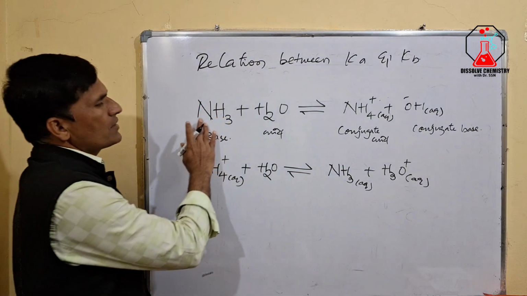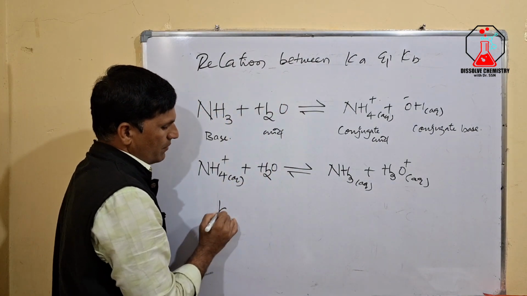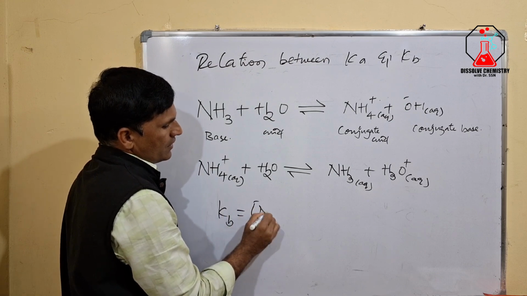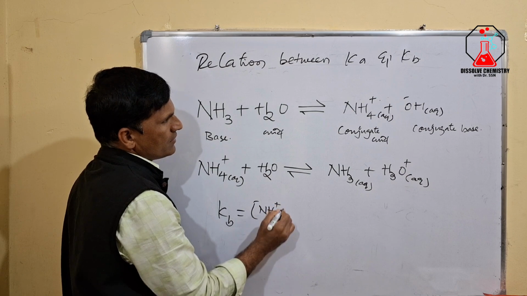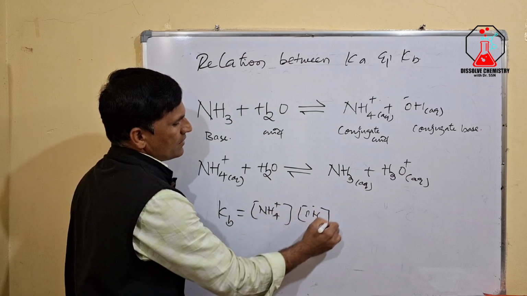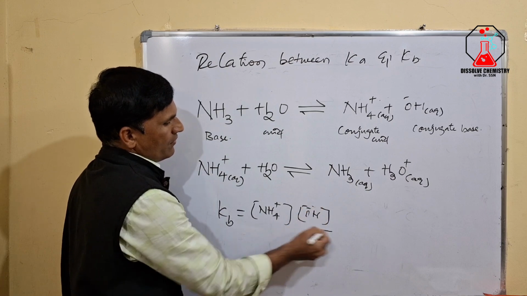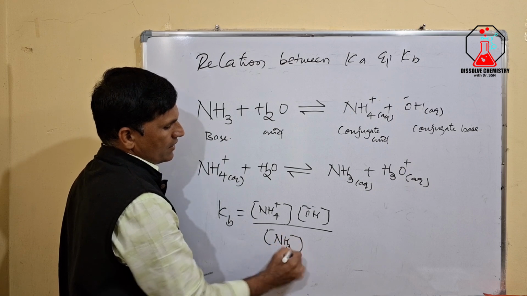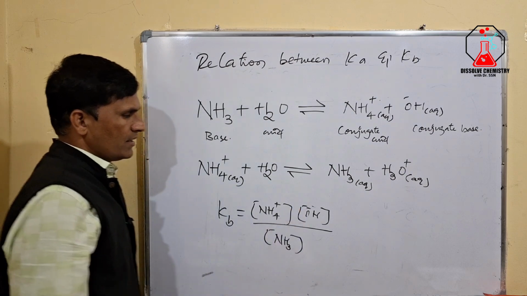Write the equilibrium constant. Kb is equal to NH4 plus into OH minus divided by only the concentration of NH3, which we will consider.